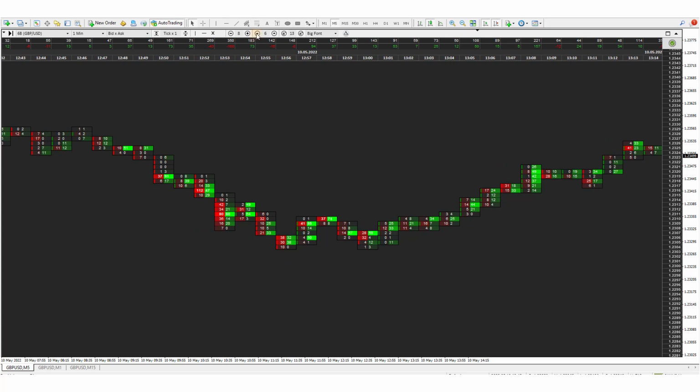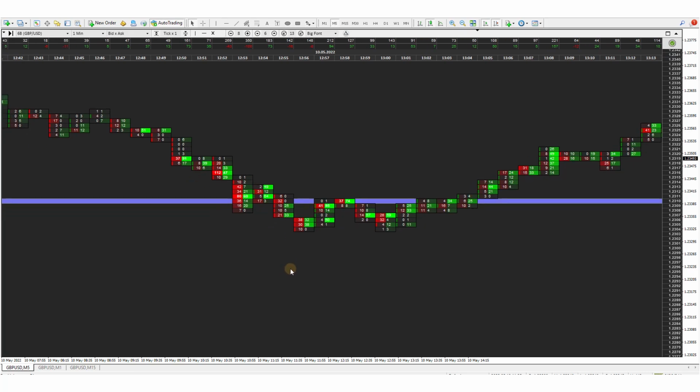So what is happening here? There's the imbalance on the liquidity grab candle, the last push to the downside, potential last push, of course, because I don't know the future. Let's explain this the opposite way.